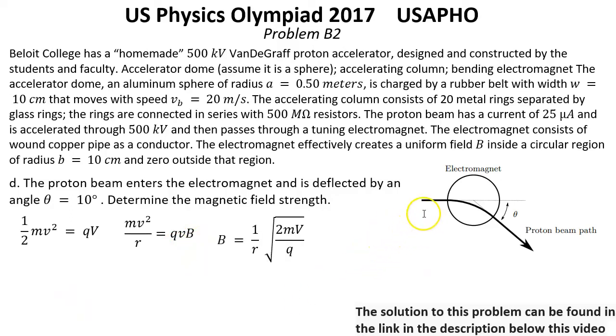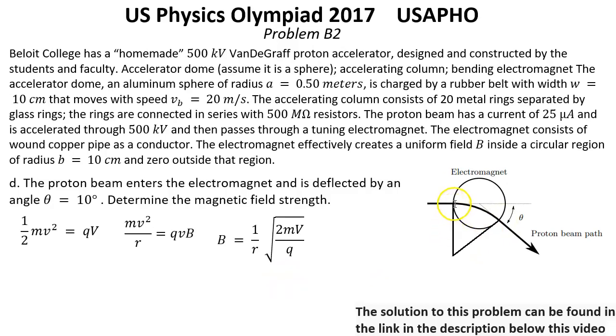So the last step is to find the radius of this arc, and we can do it using some geometry. Because this arc crosses this circle at a right angle, we can draw these two radii for this arc, and from this geometry we can find that tan(θ/2) equals b over r.